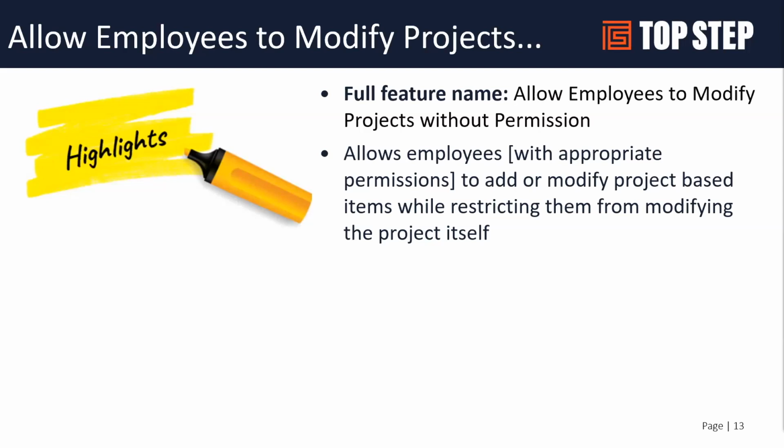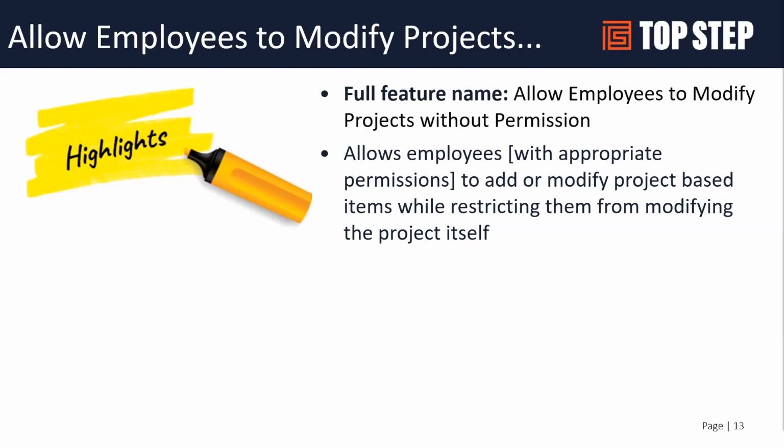Allow employees to modify projects. It's a mouthful of a feature and switch name there. This feature, as described, allows for segmentation across project items updates based on the user role.